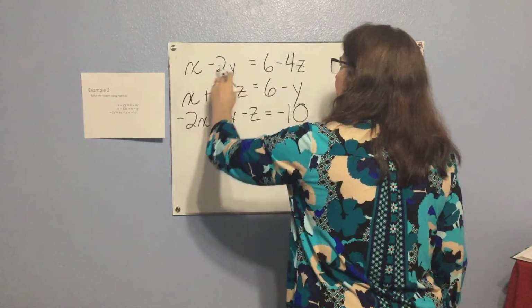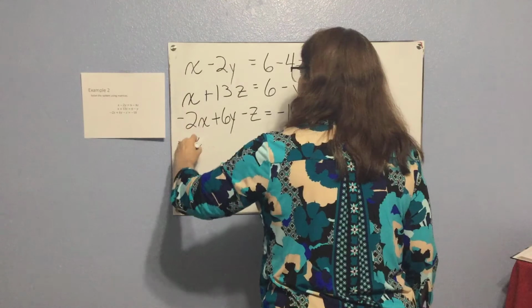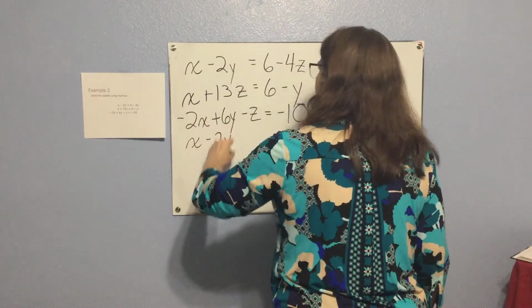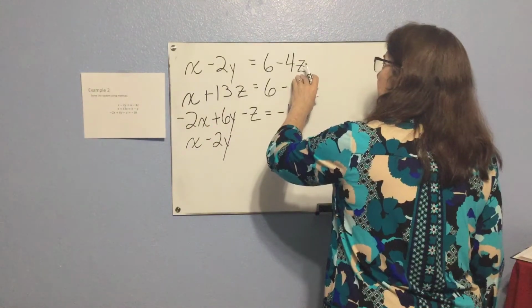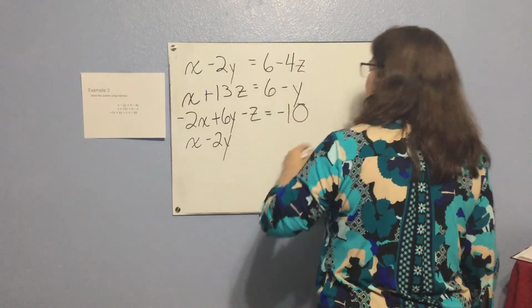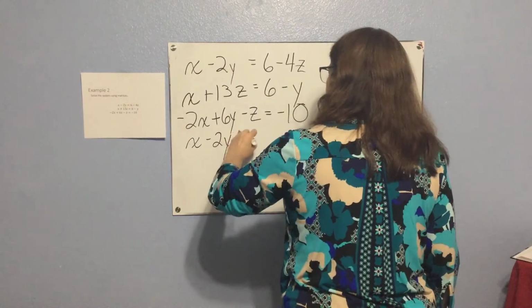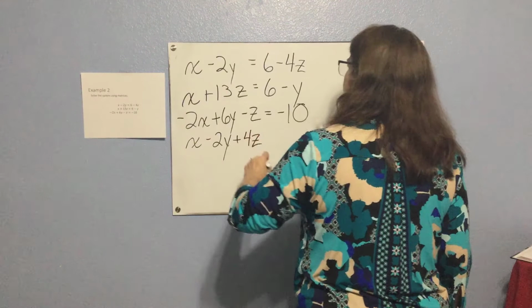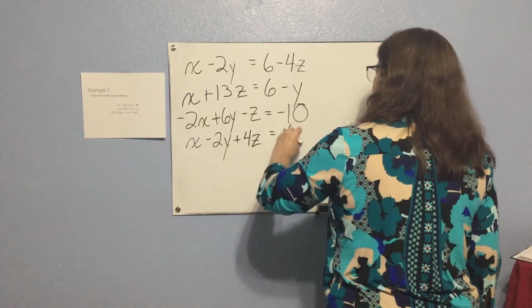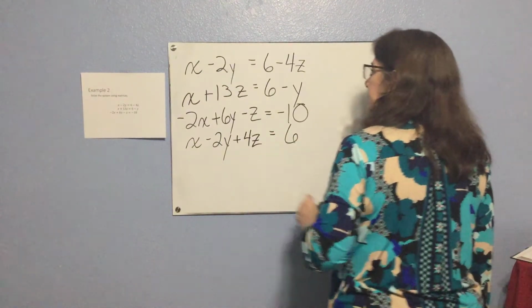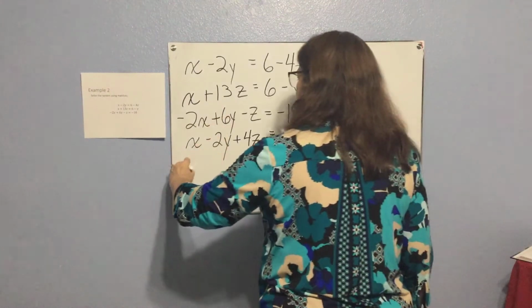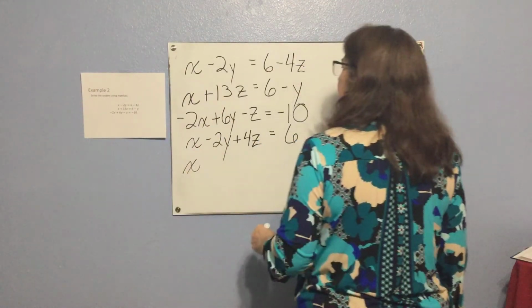This first one, x minus 2y, that's okay. But the z term is over here, so I'm going to bring it over here, which will make it positive. And I can leave the 6 where it is. In this equation, it starts with x, that's good.